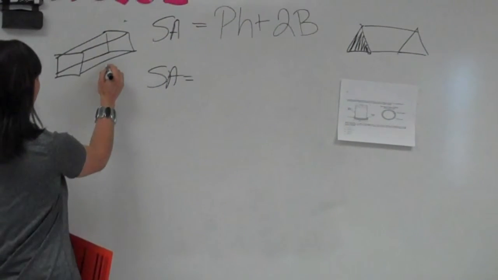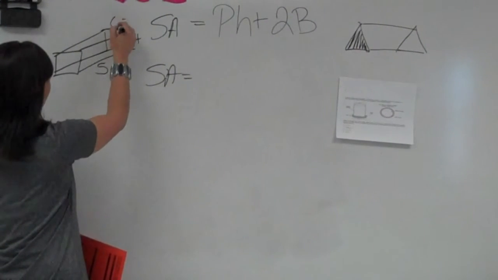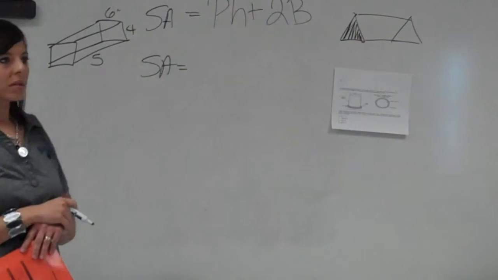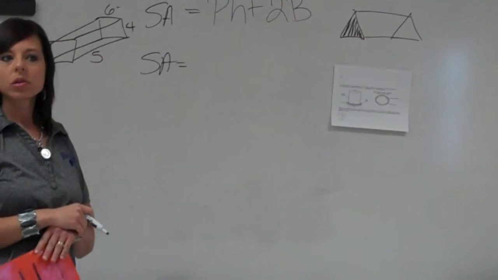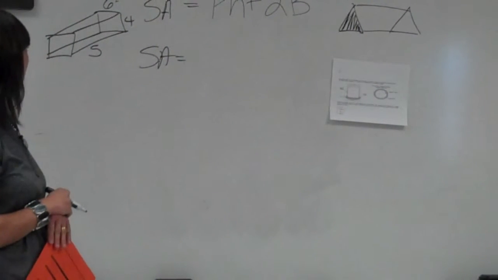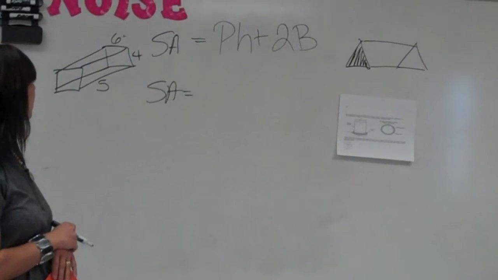So if this is 5, 4, 6, so your perimeter of your base, what is that going to be? How'd you get 20? 6 times 2 plus 4.